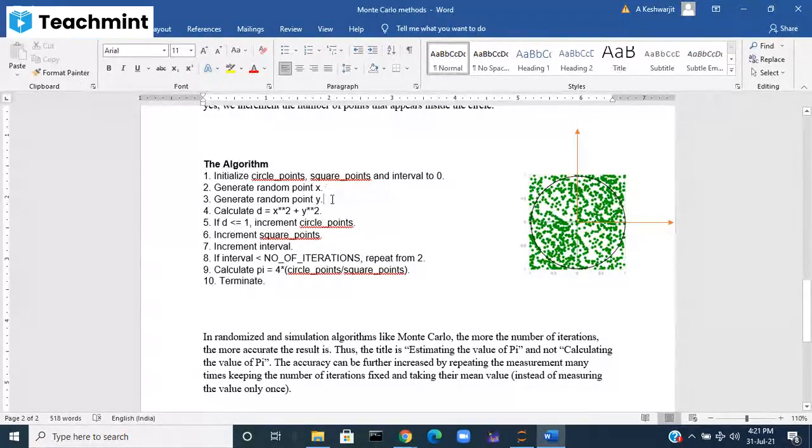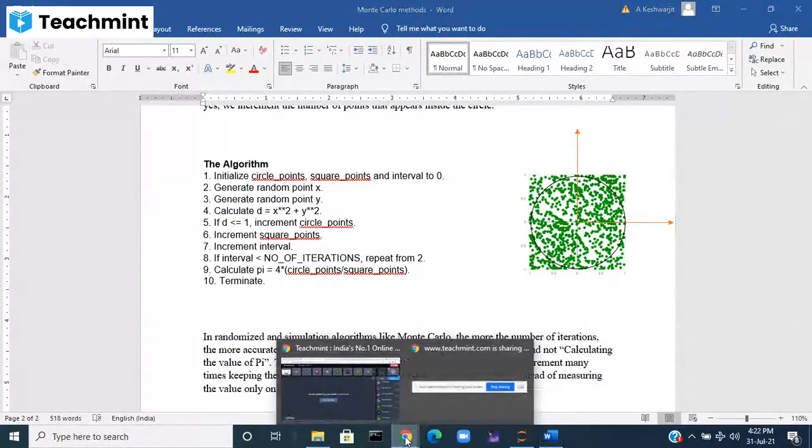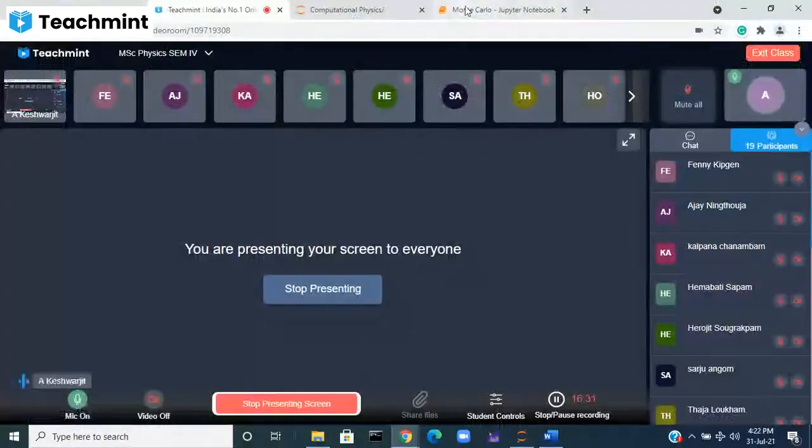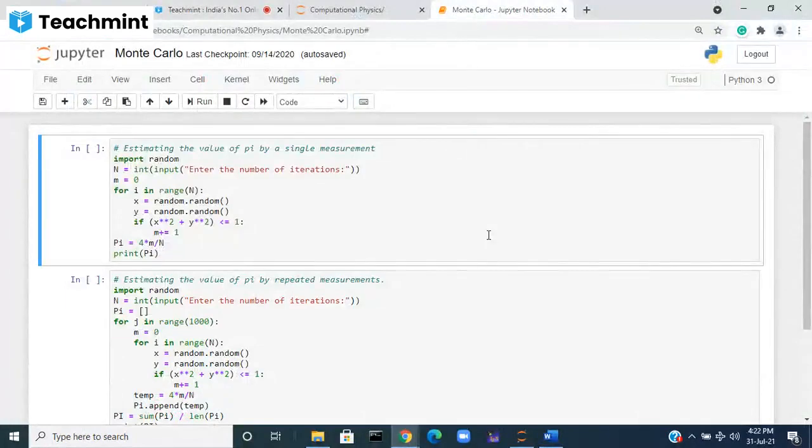Okay. Let us look at the Python program. Here we use the random module and the random method.